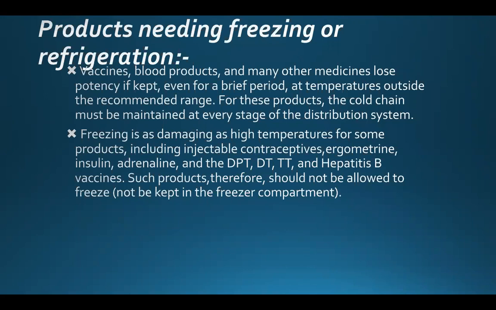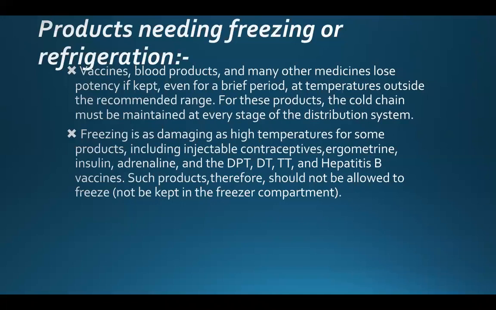So you may have seen vaccines and blood products in various labs. They must be placed under a controlled temperature. If they are exposed to higher temperature, they are not fit for human consumption. And during transportation, the cold storage chain must be maintained.